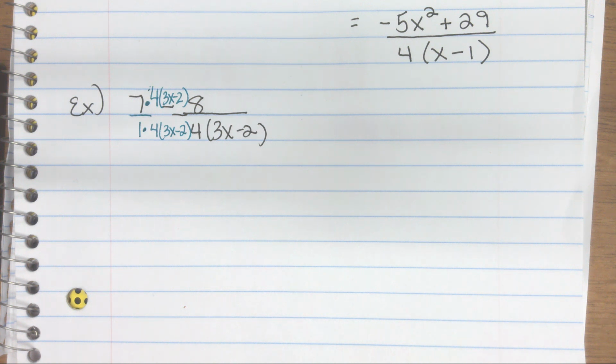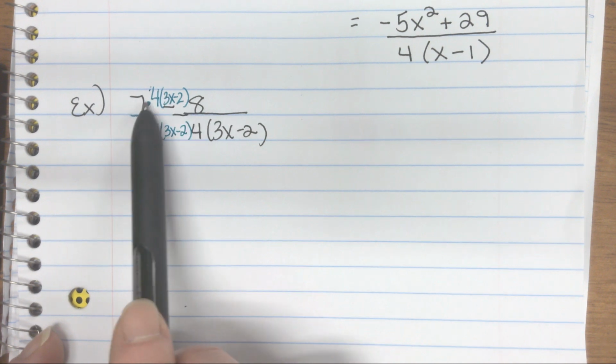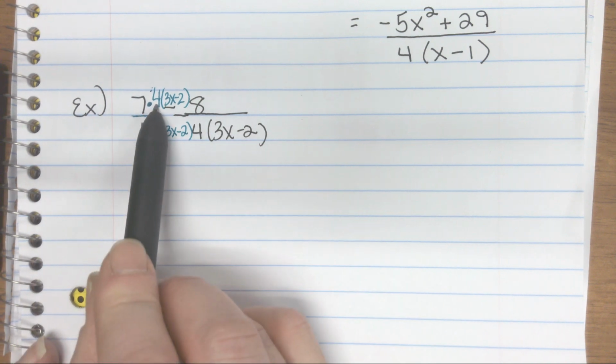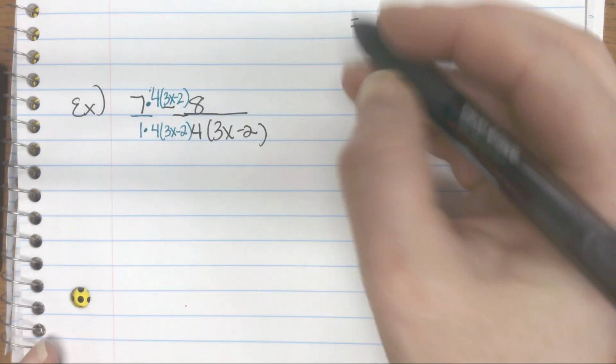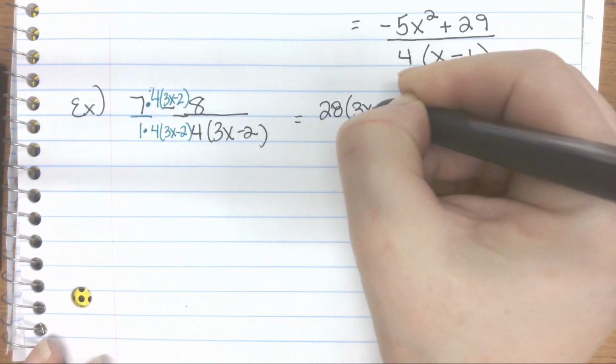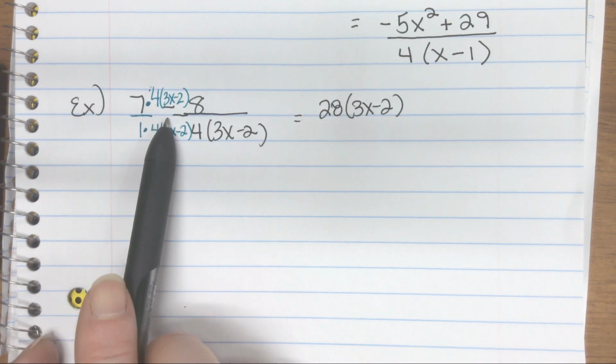Okay, so on the top now I have, remember this was a subtraction sign. We have 7 times 4 times 3x minus 2. Let's just do the 7 times 4 part. What's 7 times 4? 28 times 3x minus 2 over here. And then I have minus 8.